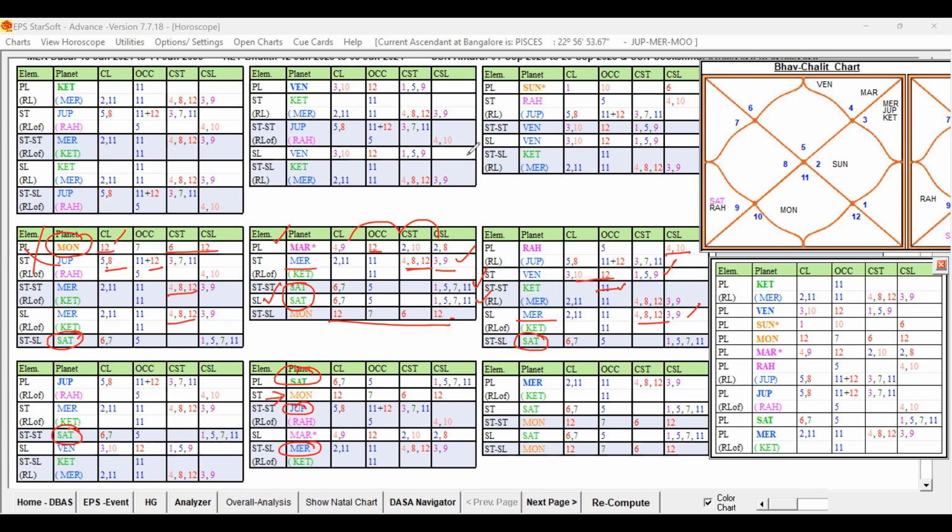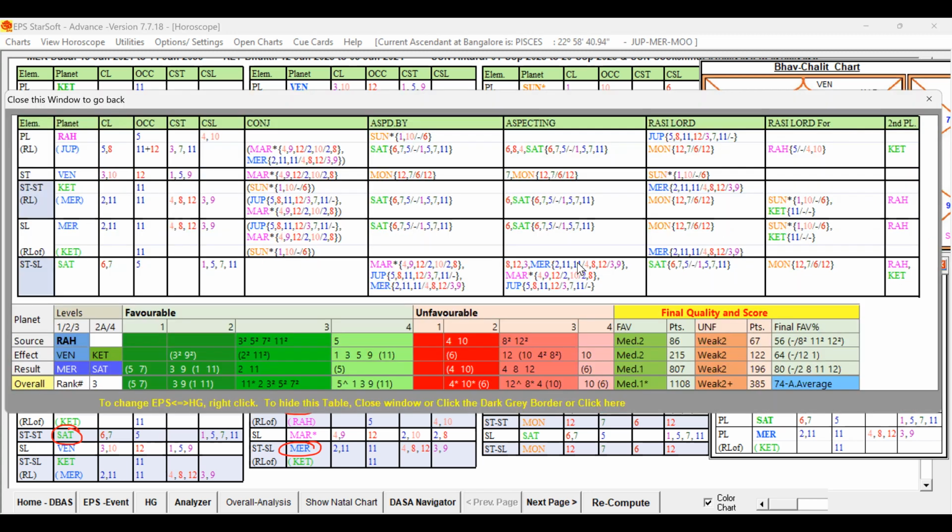If you look at that Venus, is Venus getting support from Saturn at the last level? No, Venus is not getting the support from Saturn, but Venus is getting the support from the 2A level planet Ketu.